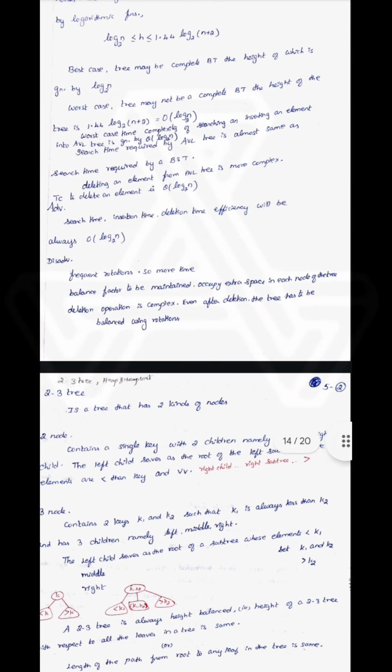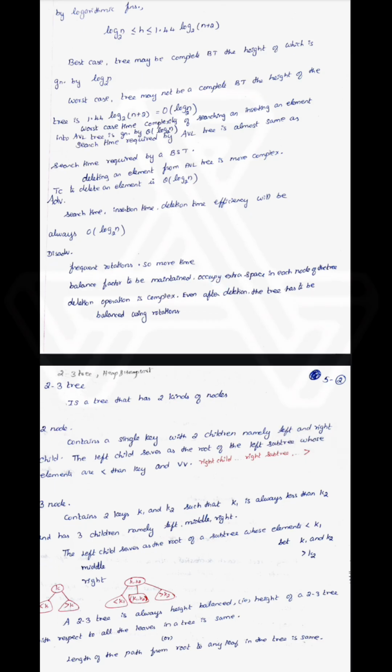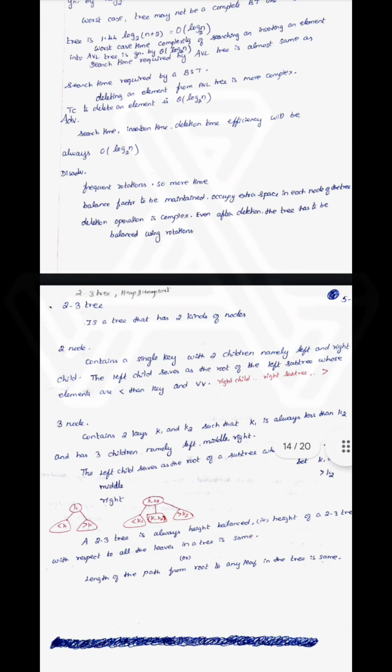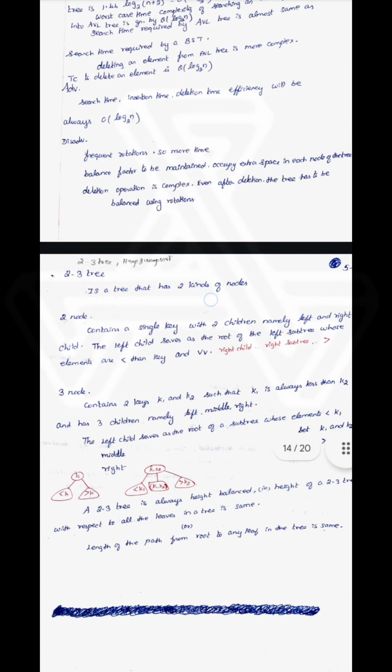Worst case time complexity of searching and inserting an element into an AVL tree is given by O of log n to the base 2. Search time required by an AVL tree is almost the same as the search time required by the BST. Deleting an element from the AVL tree is more complex.